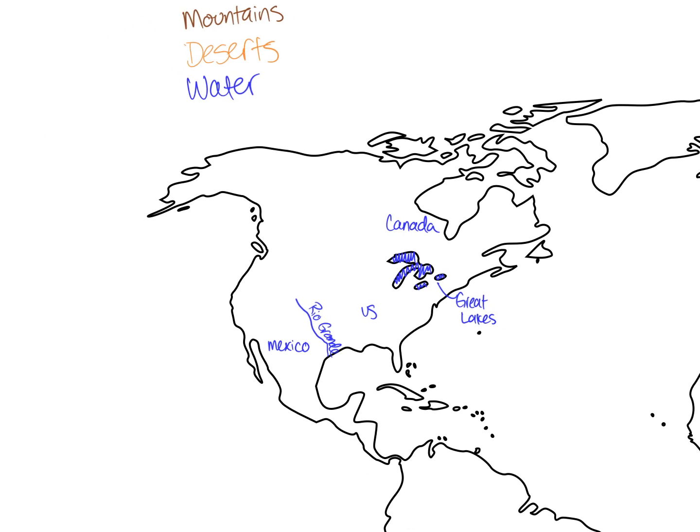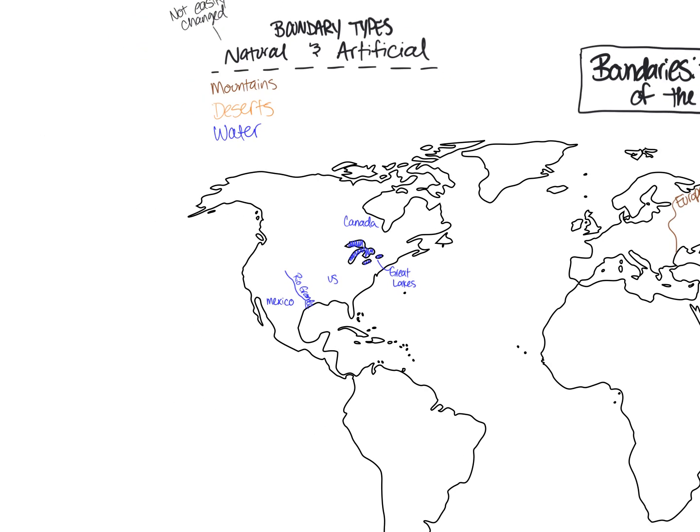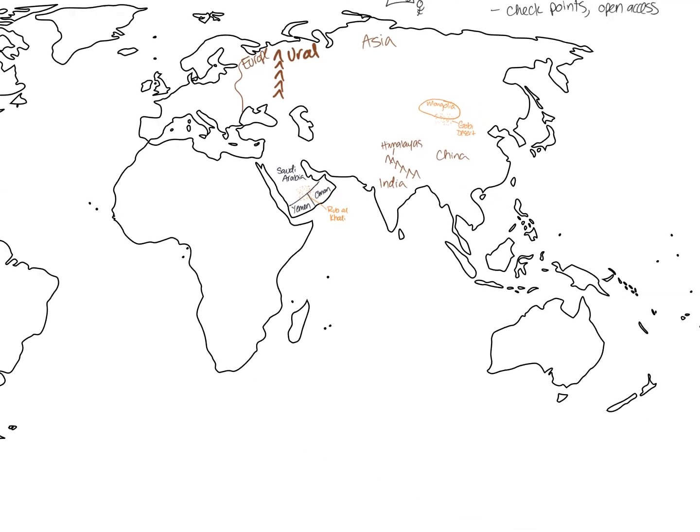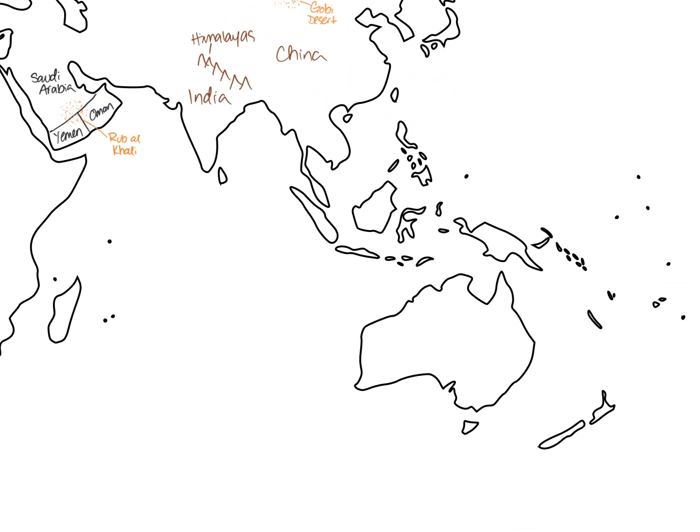And then the last thing is obviously oceans. I'm going to come over here to Australia as my example. Let's use our directions. The west coast is the Indian Ocean, and the Pacific Ocean is to the east.